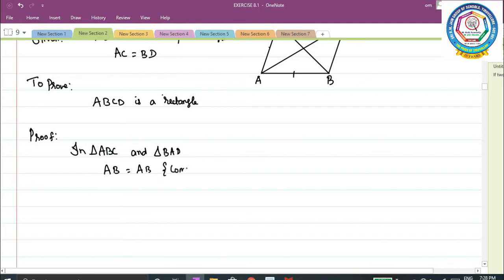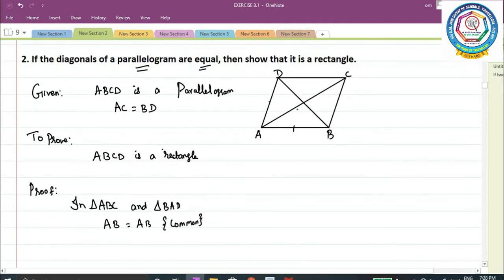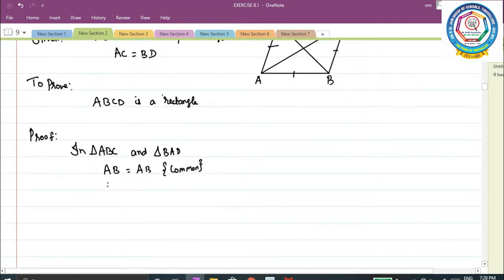It is common. Next, it is given ABCD is a parallelogram. We know that in a parallelogram opposite sides are equal. So AD is equal to BC. Otherwise you can write BC is equal to AD. Opposite sides are equal.